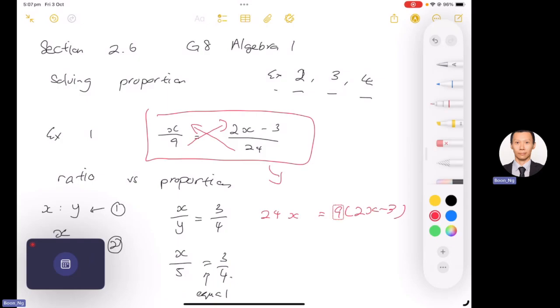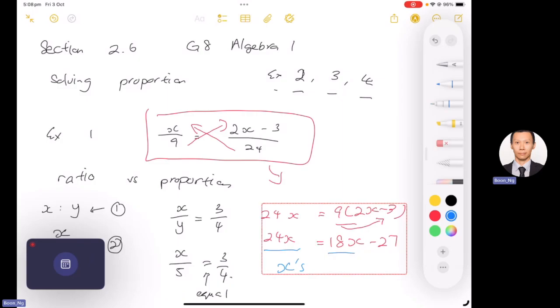And then we work on this one using the distributive property. 9 times 2x, 18x. 9 times negative 3, negative 27. We copy down 24x. These two we combine because these two are x's, and then the non-x's we put on one side.